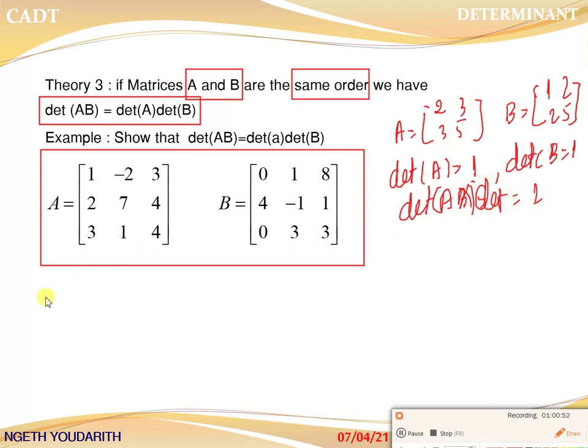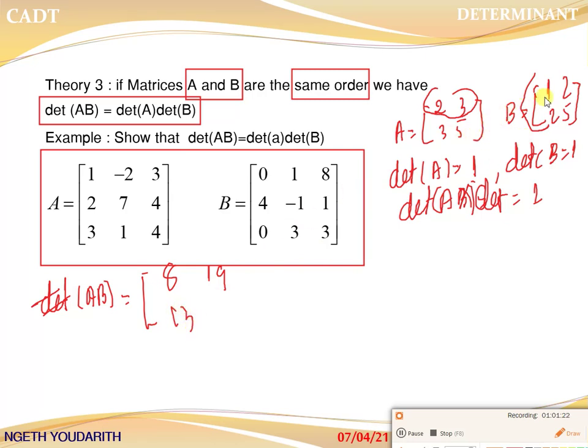So I find the determinant of AB. I find AB first. AB is this one: 2, 2 and 6, 8, 4 and 15, 19. And this one is 3 and 10 is 15.